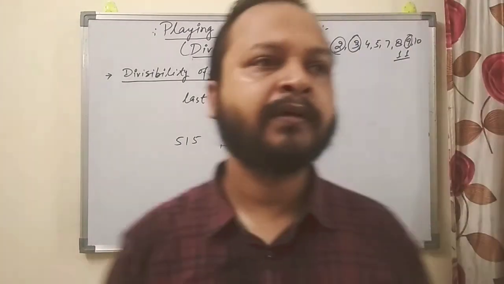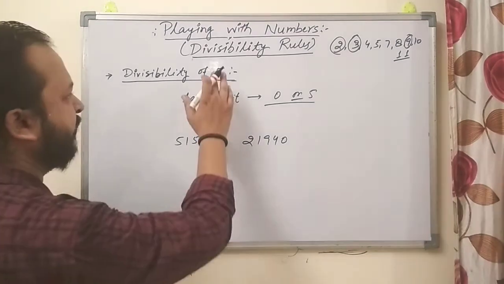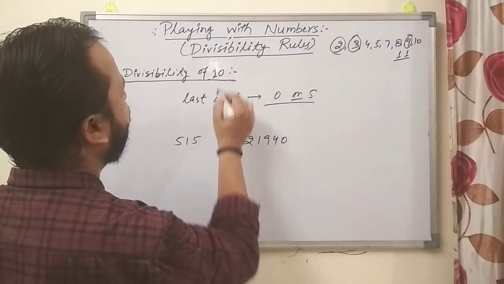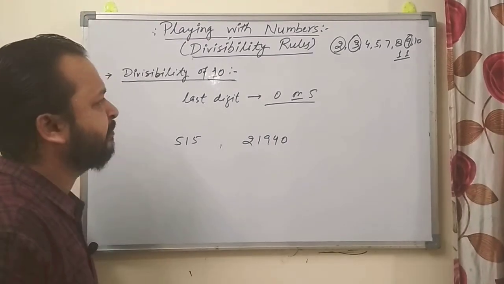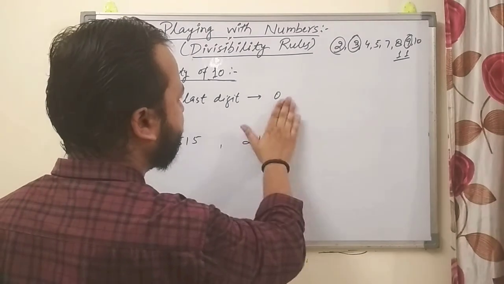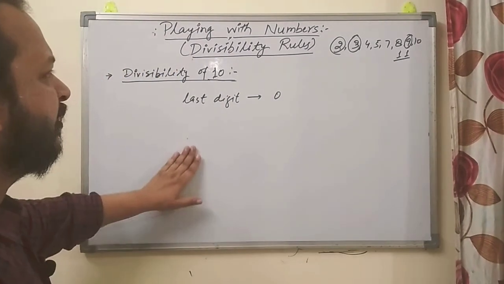Now come to the divisibility of 10. The rule is very simple: if the last digit is 0, then the number is divisible by 10.